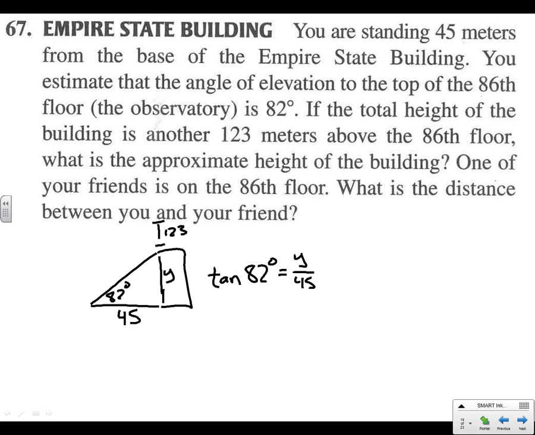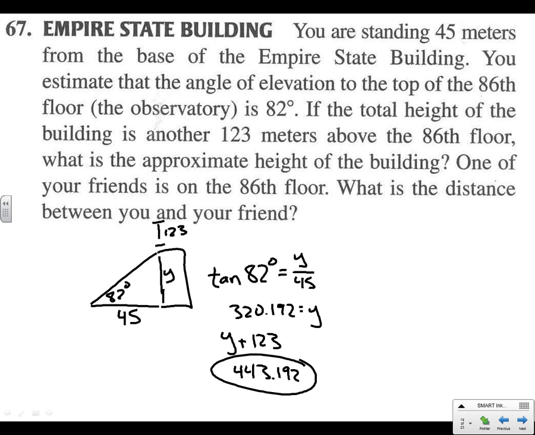Tangent of 82 times 45 equals 320.192 for y. And so the height of the whole building would be y plus 123, and that is 443.192 for the height of the entire building.